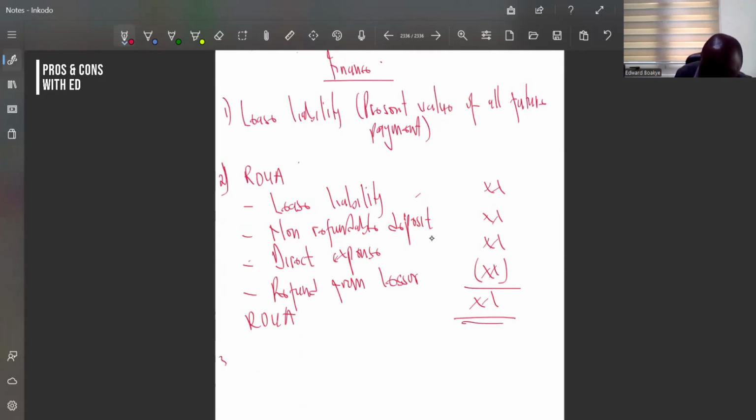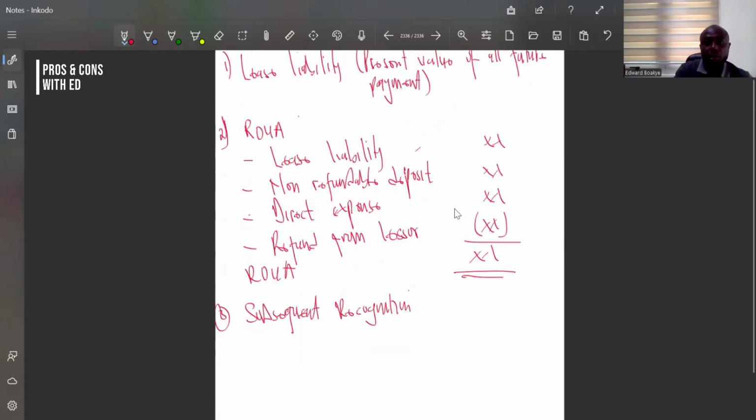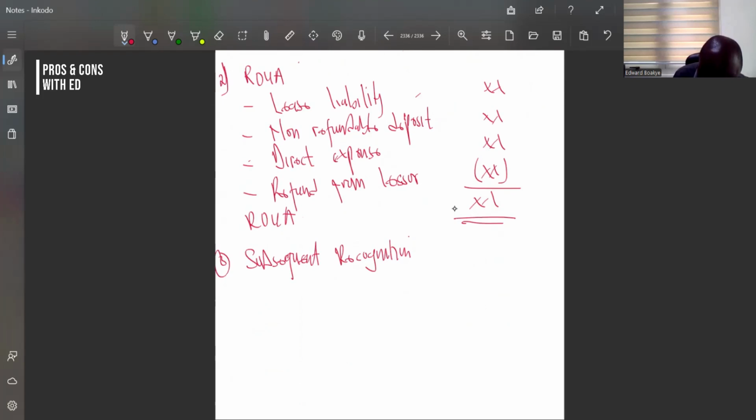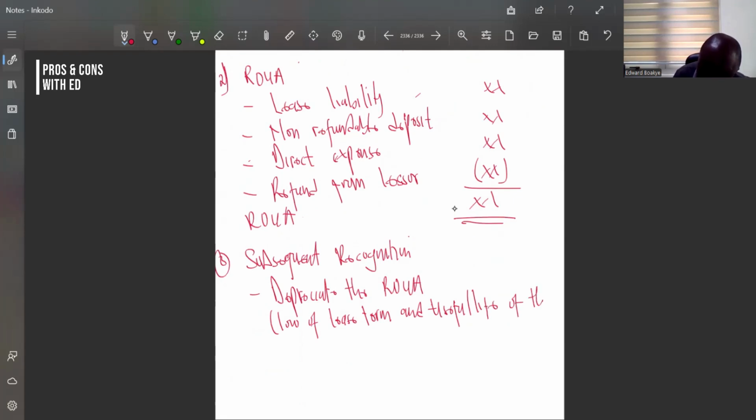Then third is the subsequent recognition. We are saying that one, depreciate the right of use asset, and here you are going to use the lower of lease term and useful life of the asset.